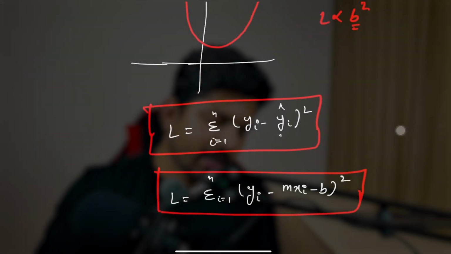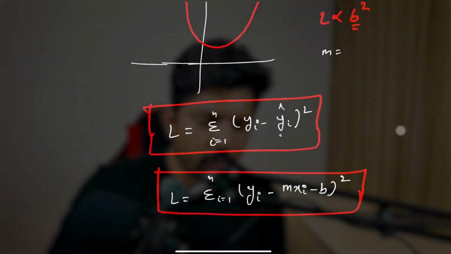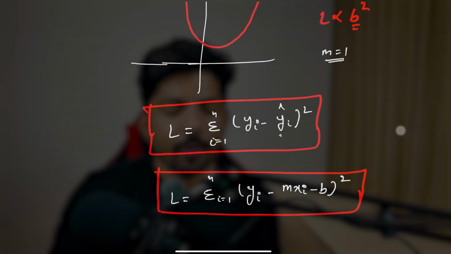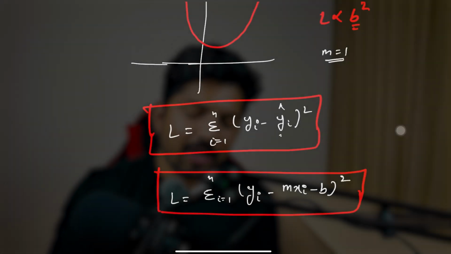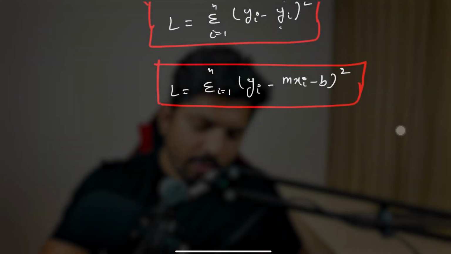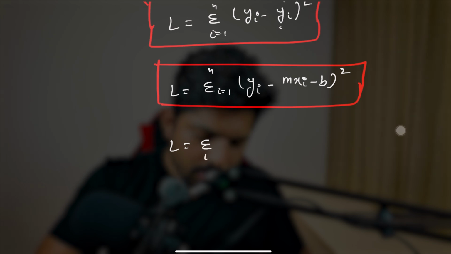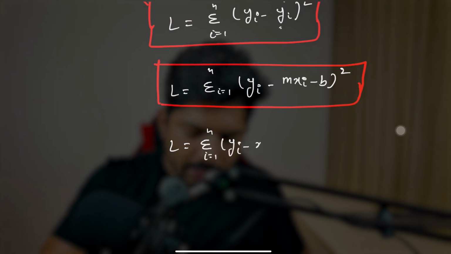And we have already taken the value of m equal to 1. It can be anything for now, but as of now we are just checking the relation of L with b only, because if you take both m and b, it will become a little bit difficult. So for now, we'll just understand with b and then we will understand with both m and b. So if I plug the value of m here, it will become (yi minus xi minus b) squared.